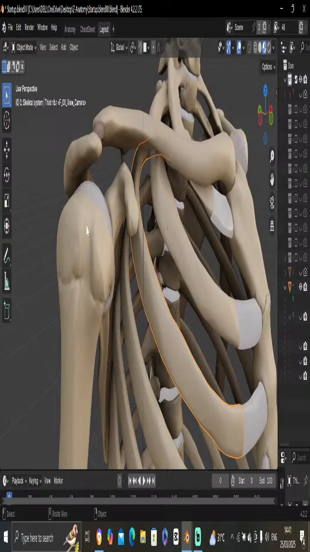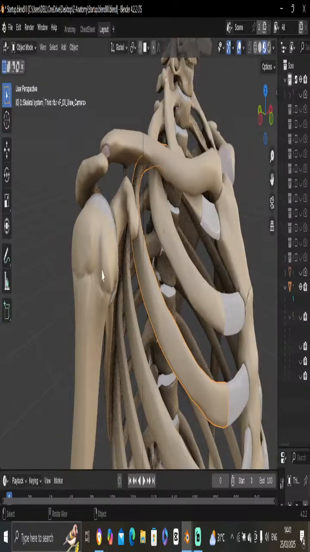Hence it is called the bicipital groove, because the long head of biceps passes through this valley. But now it is more correctly referred to as the intertubercular sulcus. Now the tuberosities of most bones increase the surface area of the bones for muscle attachment.